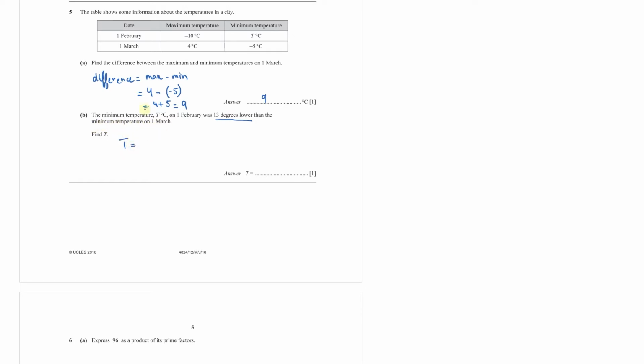So T is minimum on 1st March minus 13, since it's 13 degrees lower than this. So your minimum on 1st March is -5, and then T is another 13 degrees lower. So you get -5 minus 13, and that is equivalent to -18. So the value of T is -18.